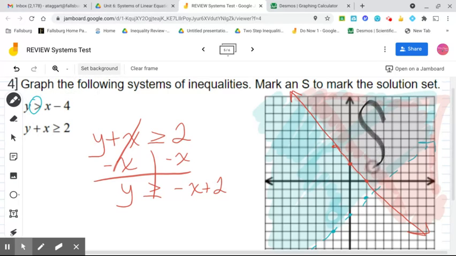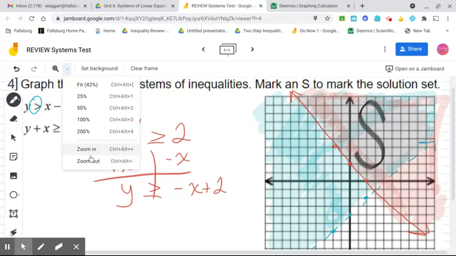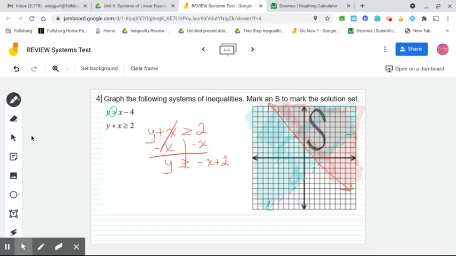This whole double shaded region, any point from this double shaded region, when you plug it in, you will get true inequalities. A lot of times using different colors is very helpful, especially with using Jamboard. Again, make sure you're copying everything down because you should be handing this in for an assignment grade.